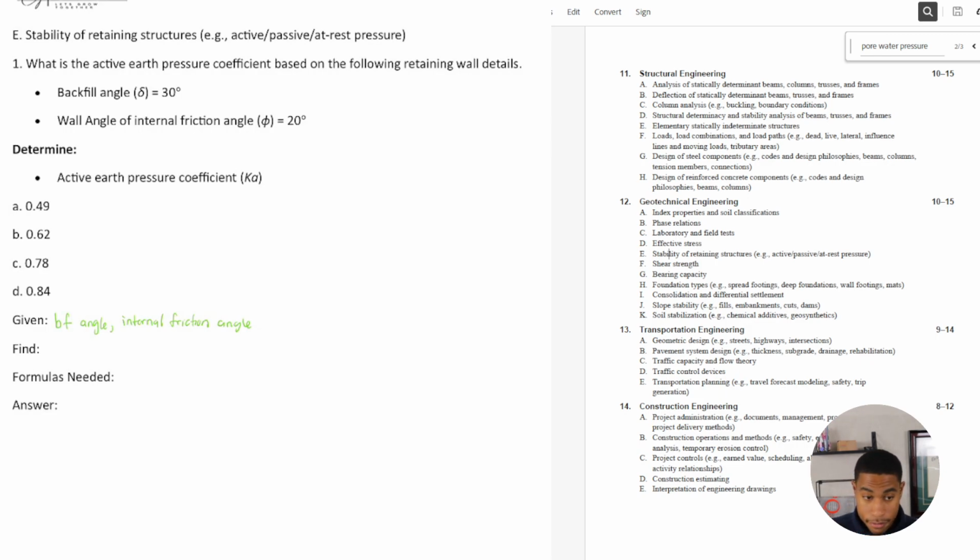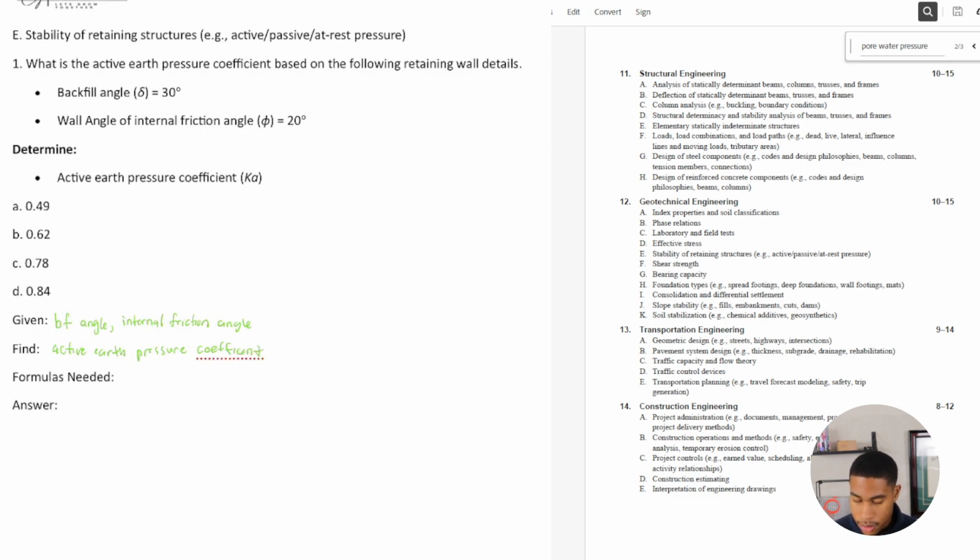Okay, so we're trying to find what? Well, it says it twice in this question. It's the active earth pressure coefficient.